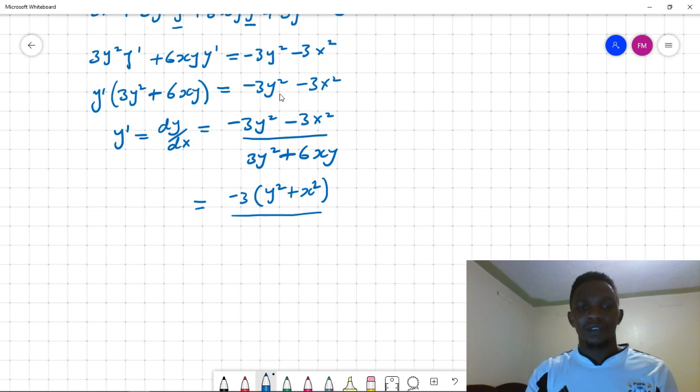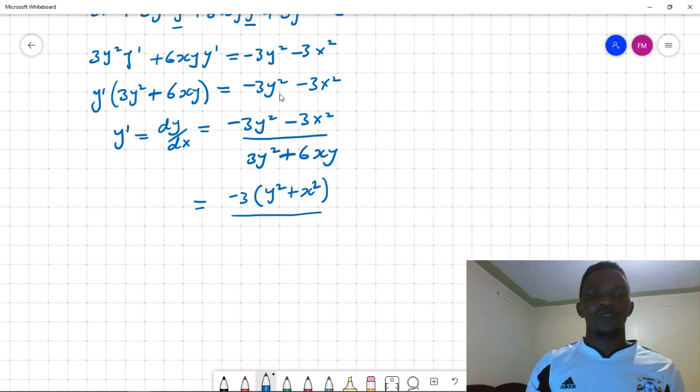Someone may also ask, why can't we factor also y? You will realize that this function we are dealing with is an implicit function.